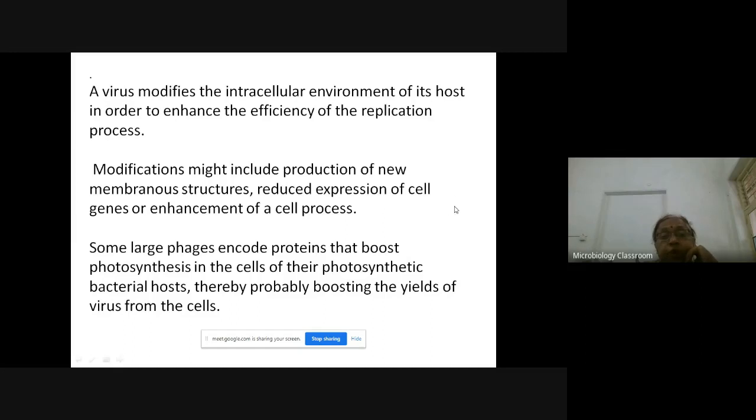So the modifications include the production of membranous structures, reduced expression of the cell's genes, or enhancement of the cell processes.